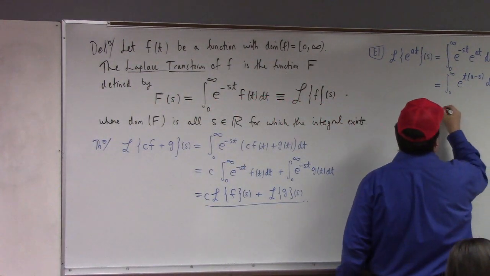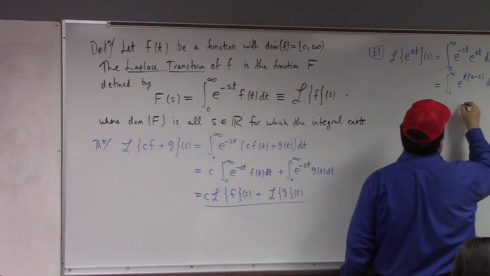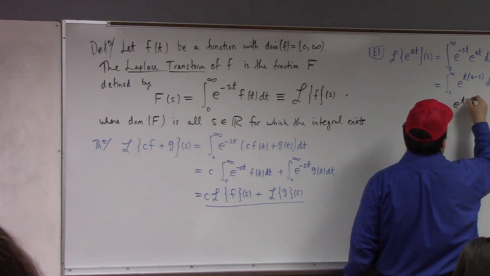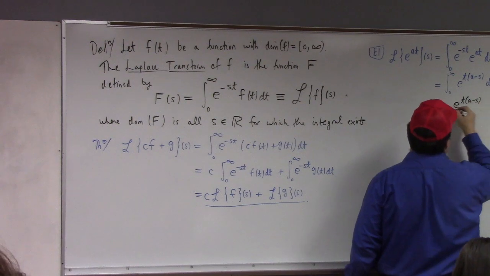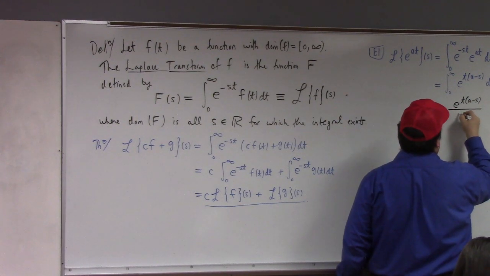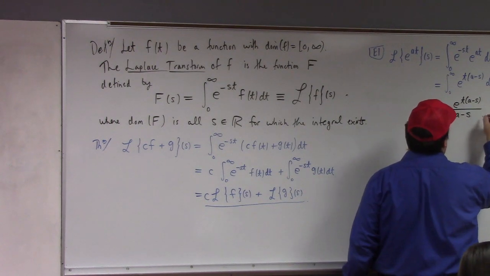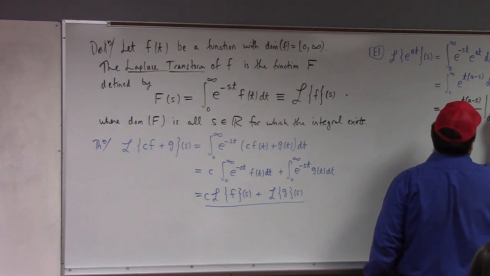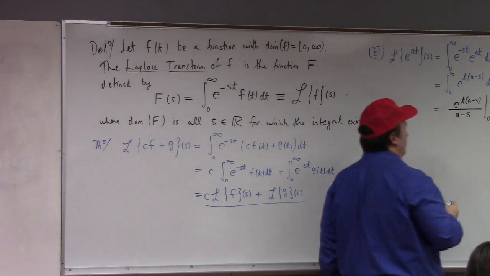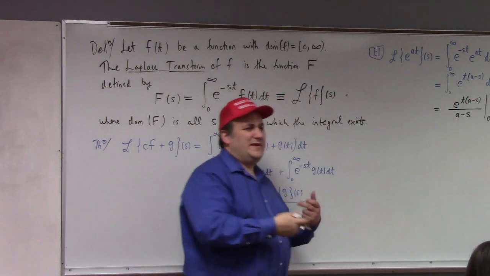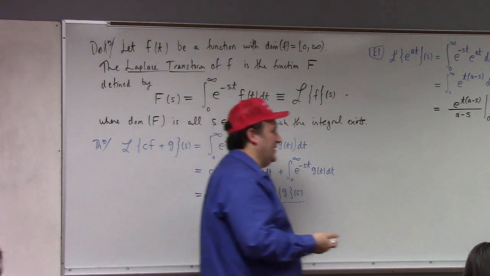We've got e to the t times a minus s, divided by a minus s, I believe, and that's evaluated from 0 to infinity, right? Now, what do I mean by that, evaluated from 0 to infinity? Let me be careful for a second here.